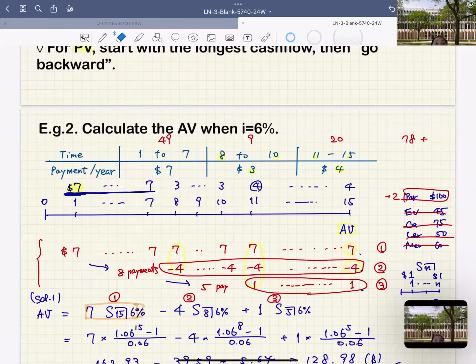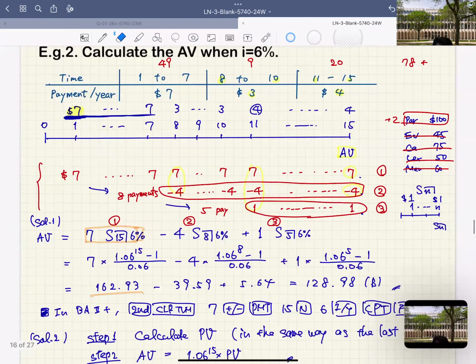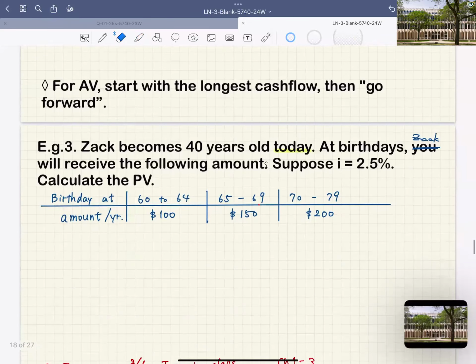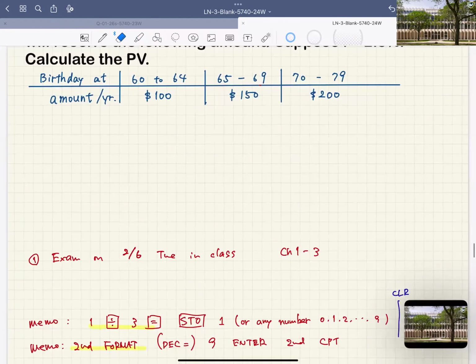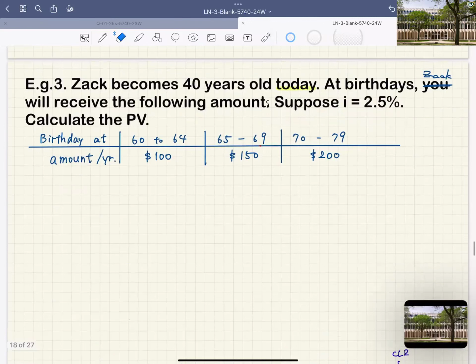Other questions? Okay, since this example is complicated, I put one more example here. Zach becomes 40 years old today, and at birthdays, Zach will receive the following amounts.